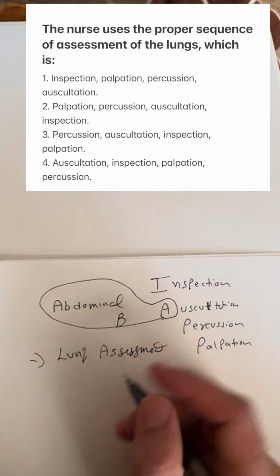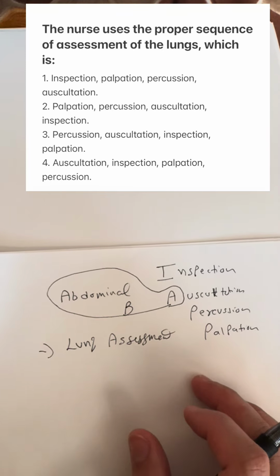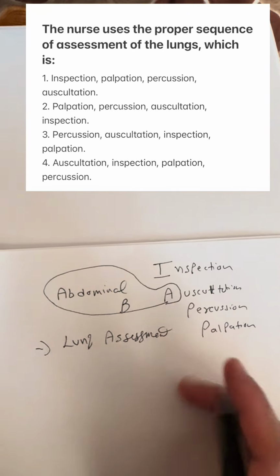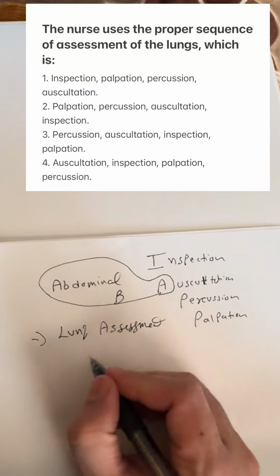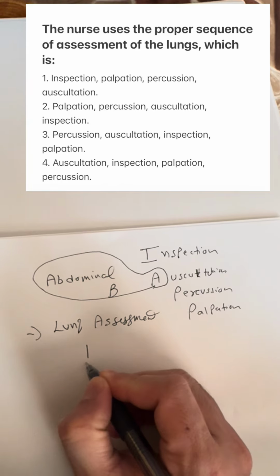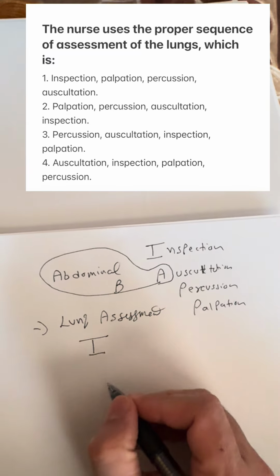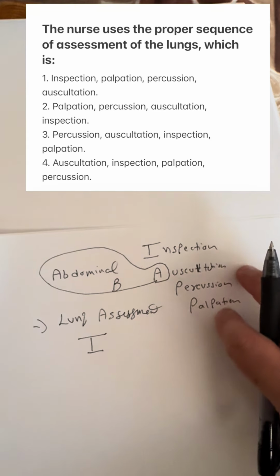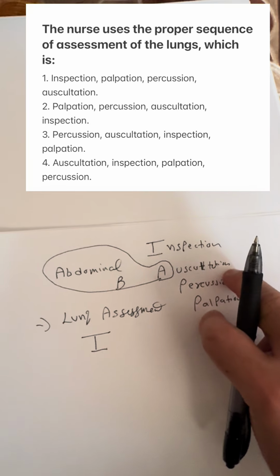The second question says the nurse used the proper sequence of assessment of the lung. So now we are talking about lung assessment. What do you have to do? I will stay as it is. You will switch palpation, upside down like this.